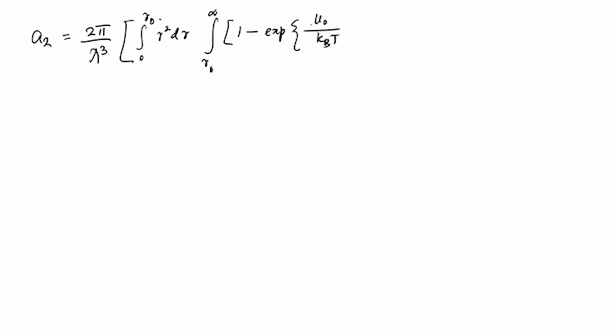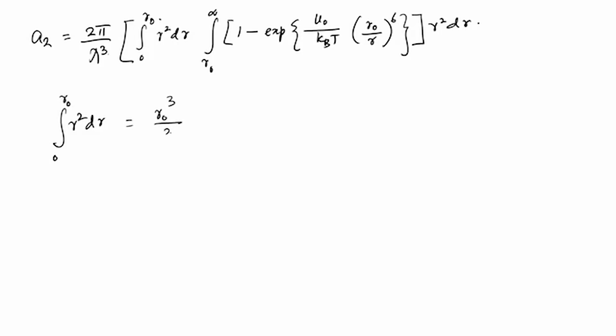See, the minus sign becomes plus sign because there is a minus u0 there, and we have (r0 over r) to the power 6, and then of course there is r squared dr. Okay. The first integral is easy, that is just simply r squared dr, 0 to r0, and that gives you r0 cubed divided by 3 and so on. The second integral is a little complicated, but it becomes easy.